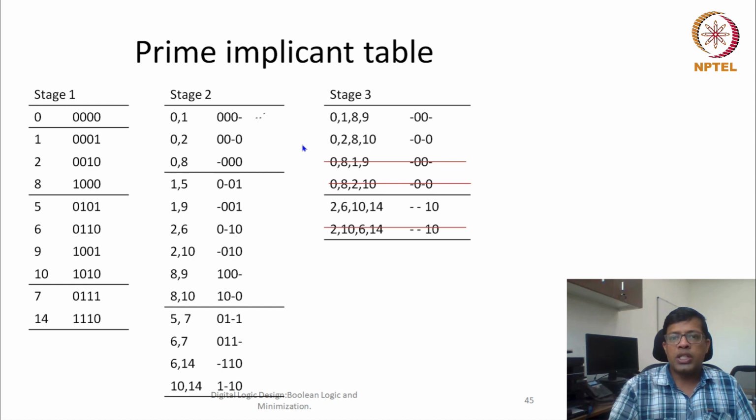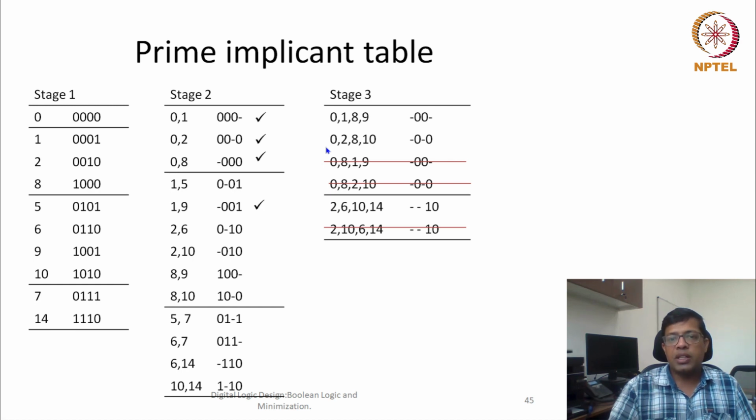Okay, so to see that, first we'll try to see whether 0 1 has been covered by something in stage 3 or not. Yes, 0 1 has been covered here. Similarly 0 2 has been covered by this particular implicant. So this also has been covered. 0 8 has been covered by the first implicant of stage 3.